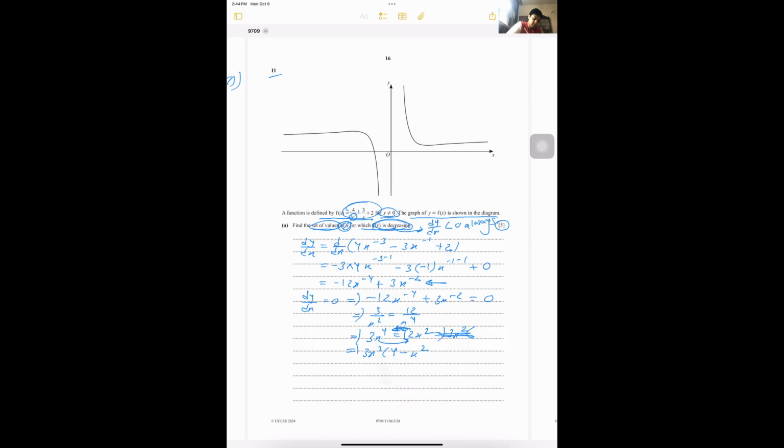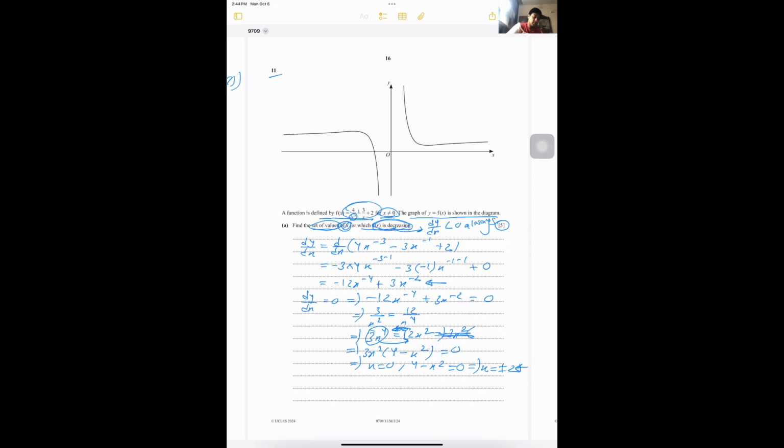I've taken 3x squared common from this, so x squared remains equal to 0, or x equal to 0, comma 4 minus x squared equal to 0, or x equal to plus minus 2. So root of 4 is 2, and since it's root, it's plus minus 2, so those are the values.